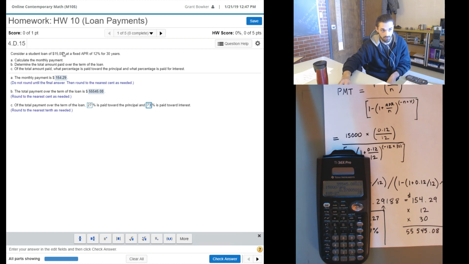This would be a pretty nice used car for 15 grand, or even a brand new lower end, cheaper car. This 55, that's a very nice pickup. So think about what you're borrowing and what you're paying back, and from that deduce the fact that you want to pay more than this monthly minimum to reduce this amount of interest.